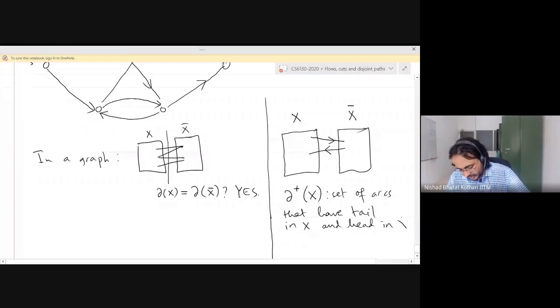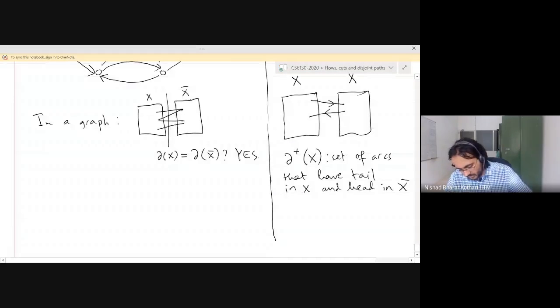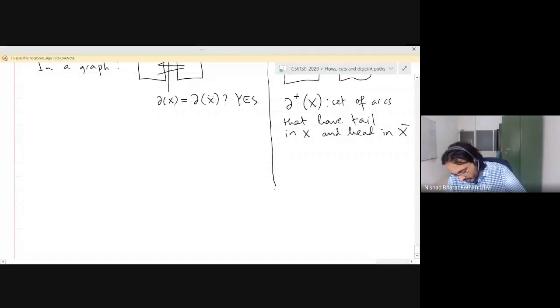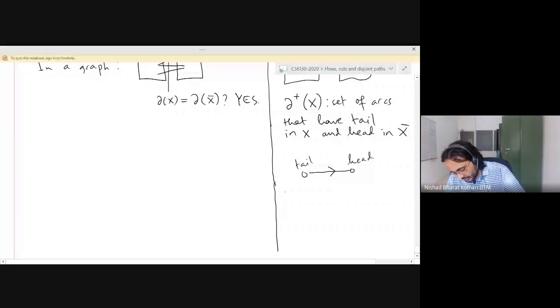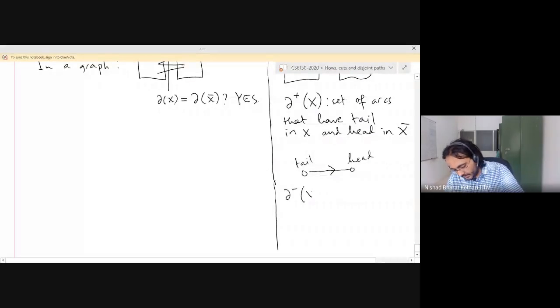Okay. And just to remind you, for an arc, this is the tail and this is the head. Okay. And to distinguish this from the other possibility, we are going to use the notation partial minus of x.